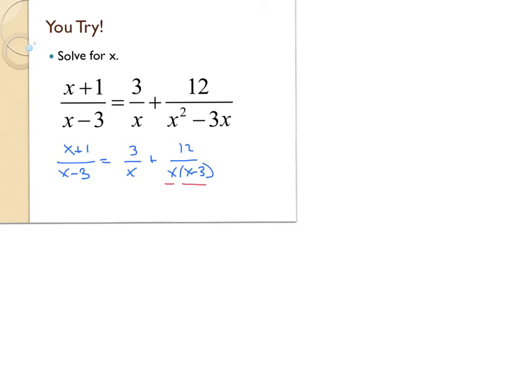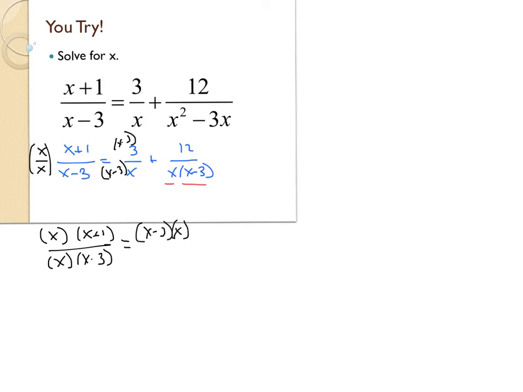So I'm going to multiply this guy by x over x, and I'm going to multiply the 3 over x, this guy right here, by x minus 3 over x minus 3. We can rewrite this, which I'm going to do, which means we have x times x plus 1 all over x times x minus 3 is equal to x minus 3 times x all over x minus 3.